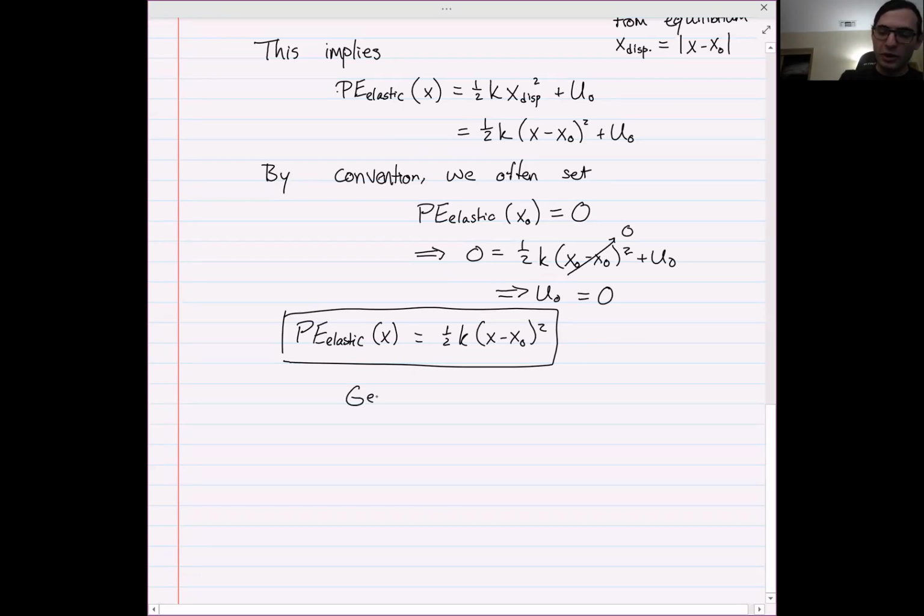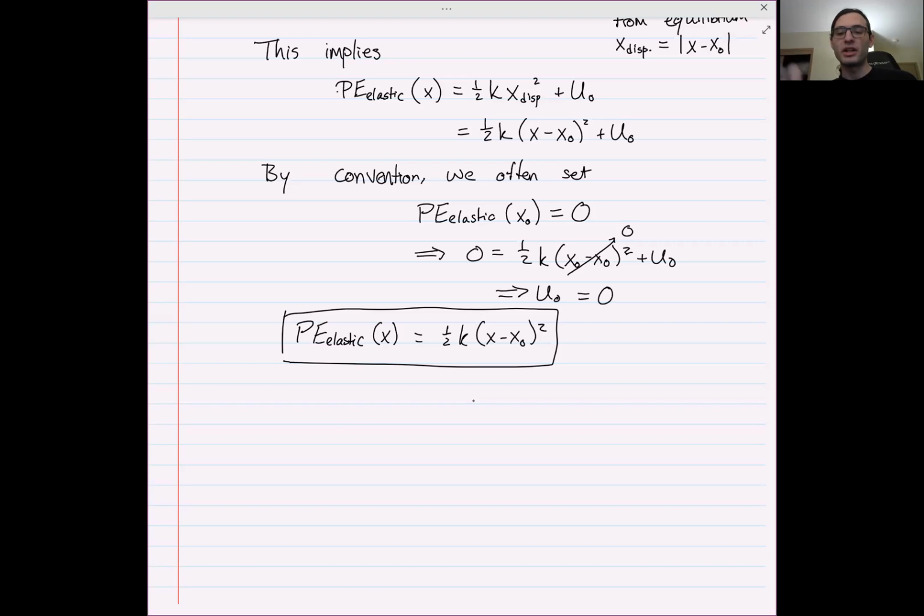The generalization would require you to specify the position as a vector of the equilibrium and the position as a vector. I'm not even going to talk about this generalization because we're not going to need it. But the point is basically you'll just want to use the coordinate x to represent the direction that the spring is going in.